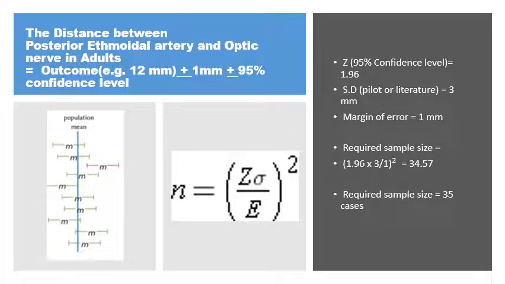To take an example, say we are setting up a study to measure the distance between the posterior ethmoidal artery and the optic nerve in adults. We want to know exactly what is the average distance, and we will set the margin of error that would allow for, and that should be as narrow as possible. Say we choose 1 millimeter because it is surgically important to have a very precise estimation about the distance between these two structures.